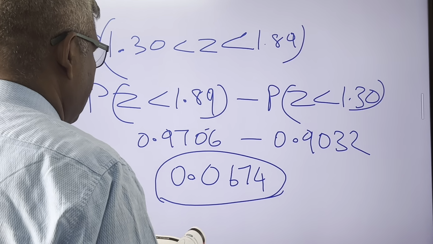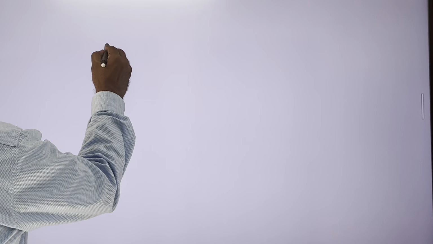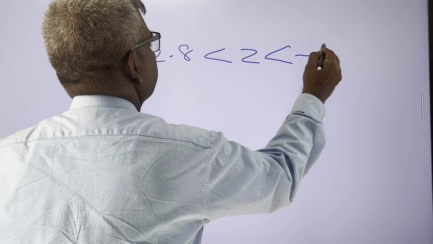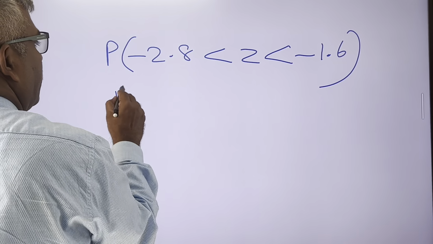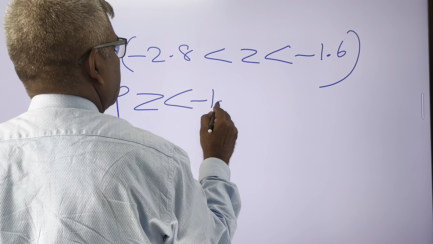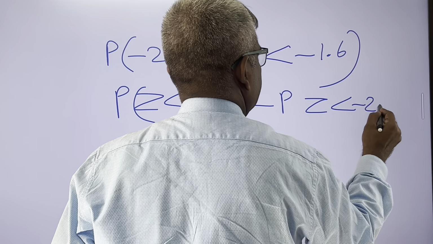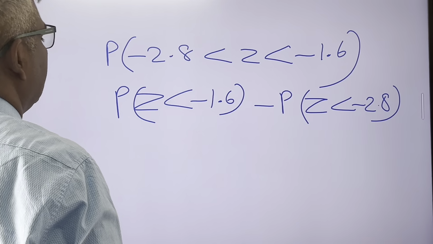Right answer. Next, 1E is... 1F is minus 2.8, Z minus 1.6. Okay, this is the case.